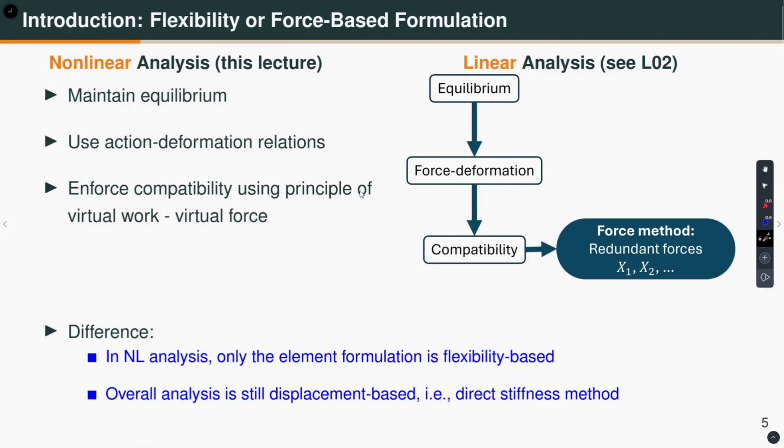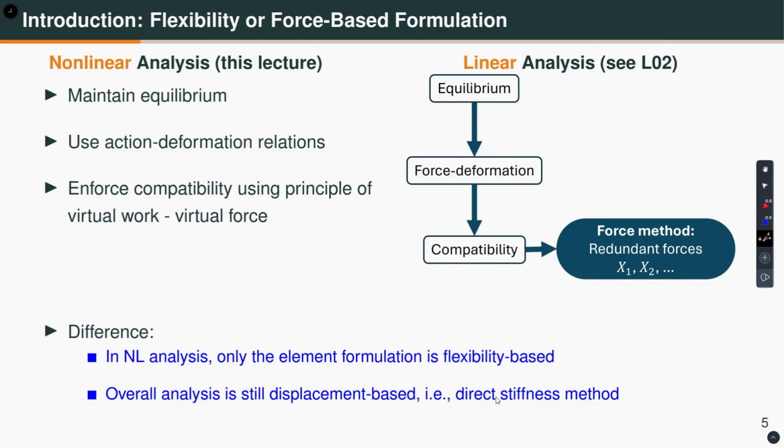The only difference is that in nonlinear analysis, the element formulation is flexibility based, whereas the overall analysis is still displacement based, or we can say a direct stiffness method. Then the question is, how do we implement this flexibility based formulation in a standard finite element program, which is based on the direct stiffness method?